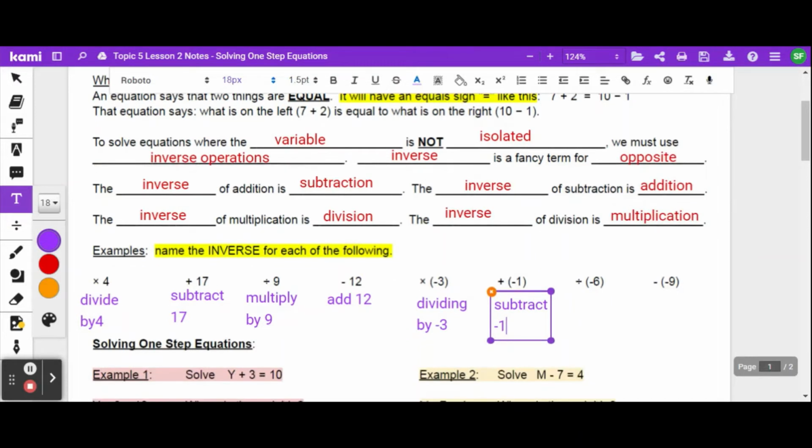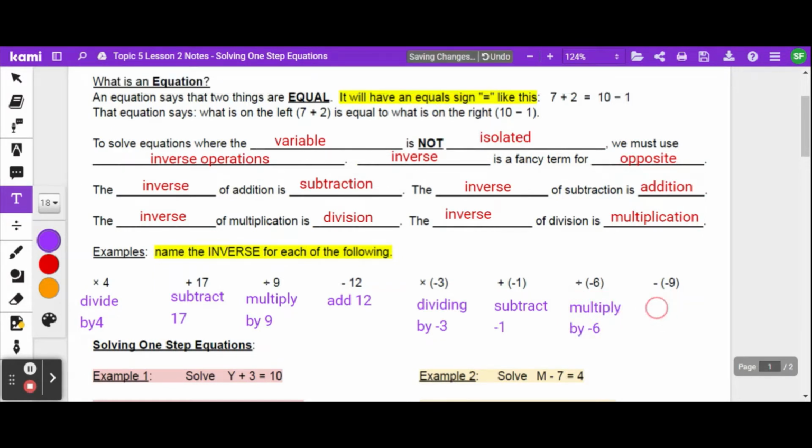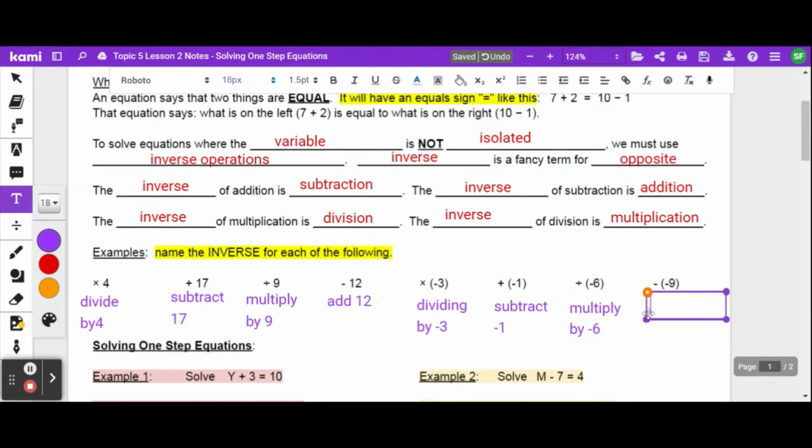So all these rules from topic 1, your integer rules, are going to come back into play here. The inverse of dividing by -6 would be to multiply by -6. And the inverse of subtracting -9 would be to add -9.